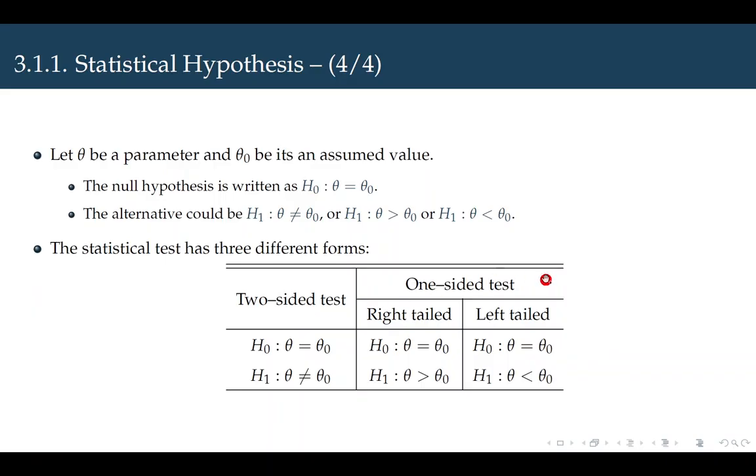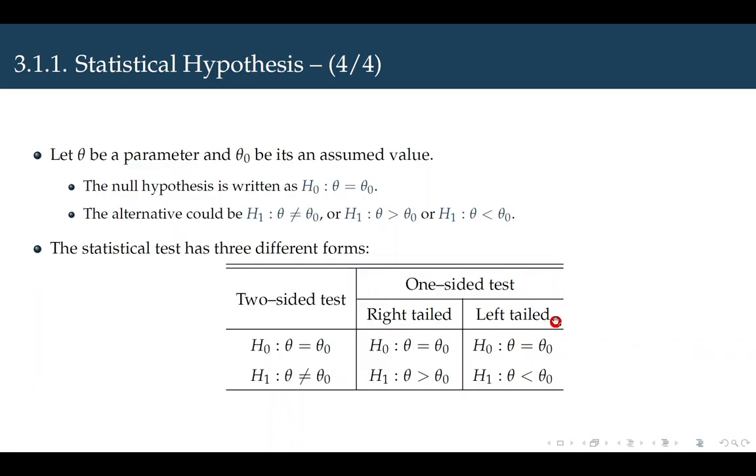In the case of the one-sided test, we could have a right-sided test or right-tailed test, or a left-sided test or left-tailed test. In the right-tailed test, H naught we always write as theta equals theta naught. Then the alternative is theta is greater than theta naught. So here we are particularly interested in whether the population parameter is greater than theta naught or not. So this is said to be a right-tailed or right-sided test, and it is a one-sided test.